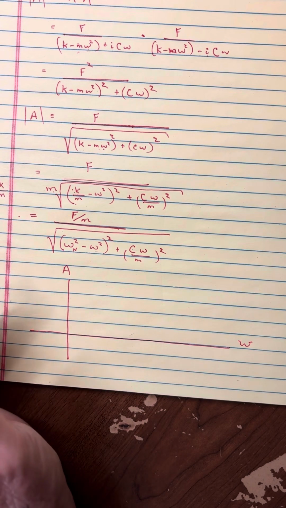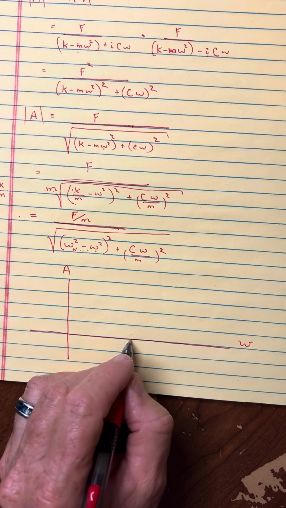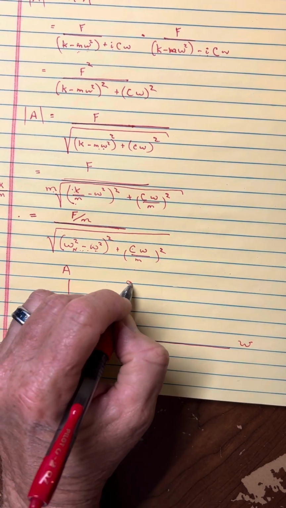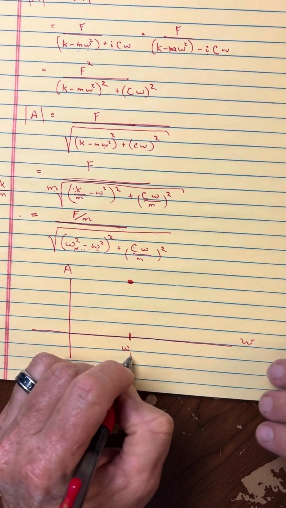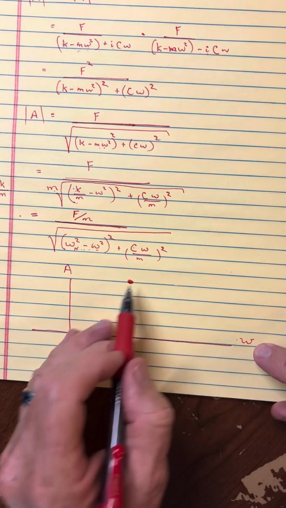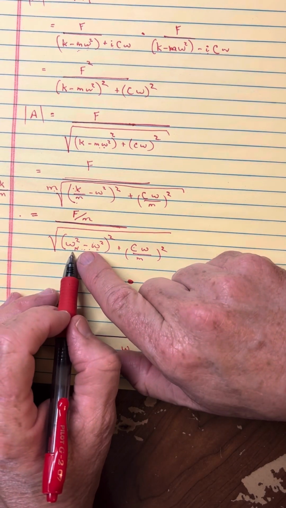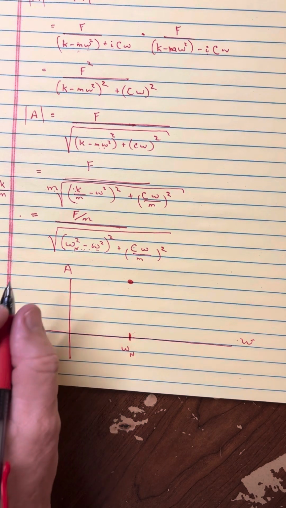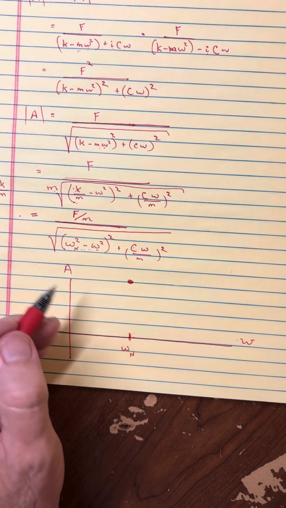Well, we call this resonance because if your driving frequency is the same as the natural frequency, this term goes to 0, and this is the biggest this function would ever get. And so given different driving frequencies you could apply, at this natural frequency it would get very big.